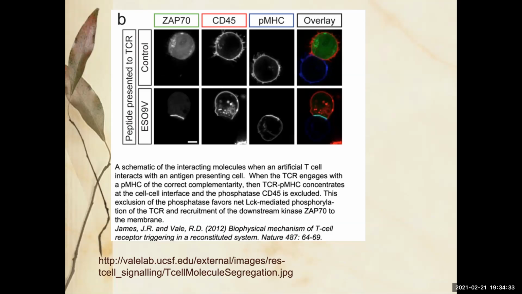So this is an example from a paper by a phenomenal microscopist and scientist, Ron Vale, over at UCSF. He's also started a company or two. In this paper, they're looking at immune system cells, two cells.